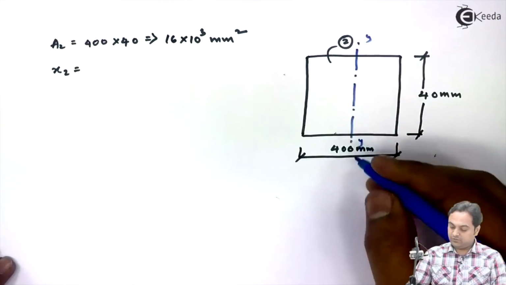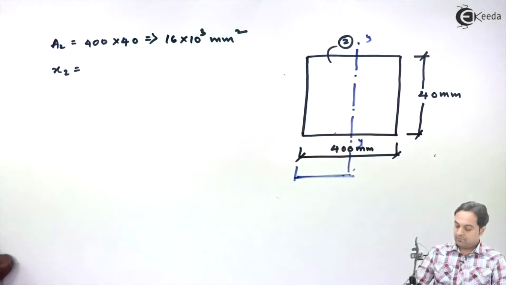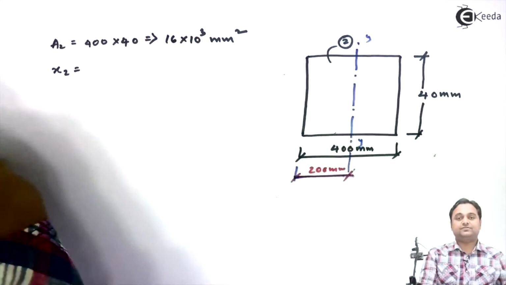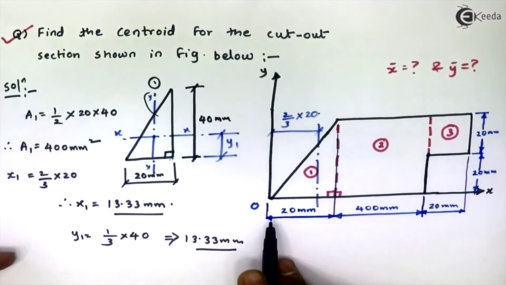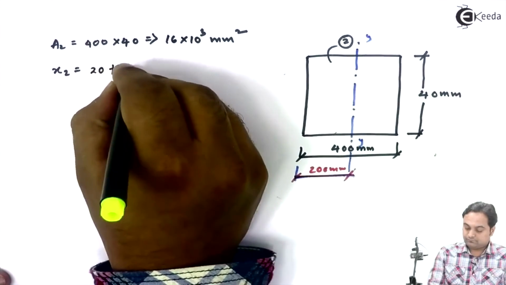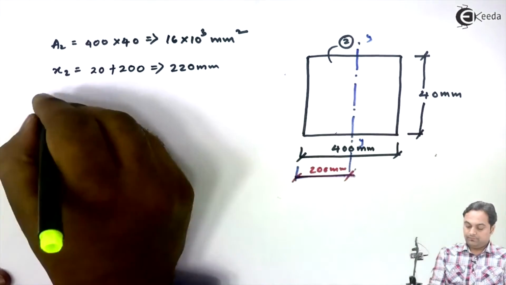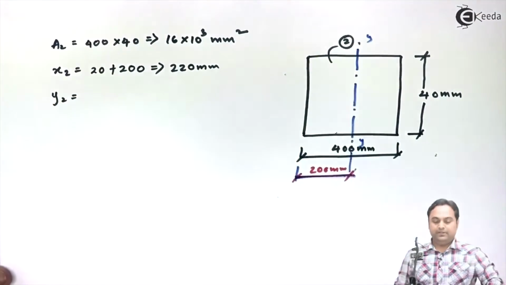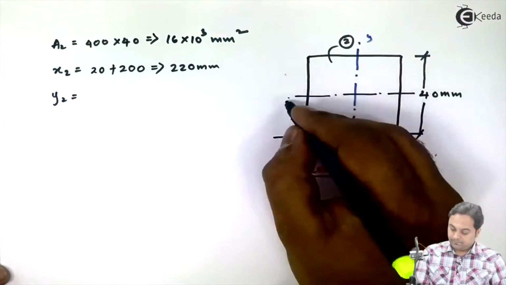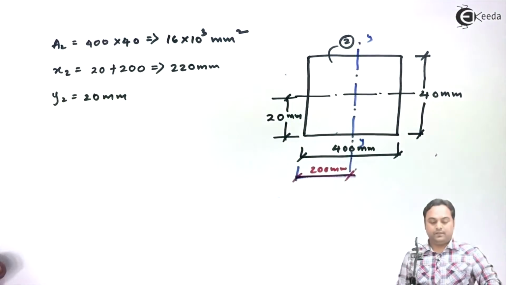So y-axis is located at 200 mm distance, but since we are measuring the distances from the origin, here I have 20 plus 200, 220 mm. y2 will be half of 40 mm. So y2 is 20 mm.